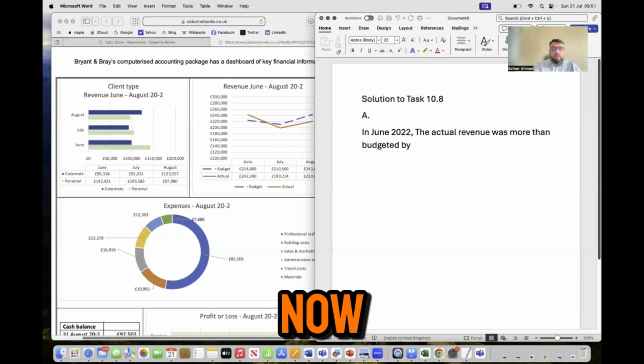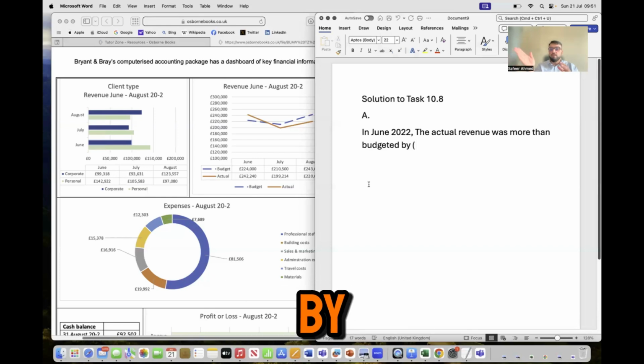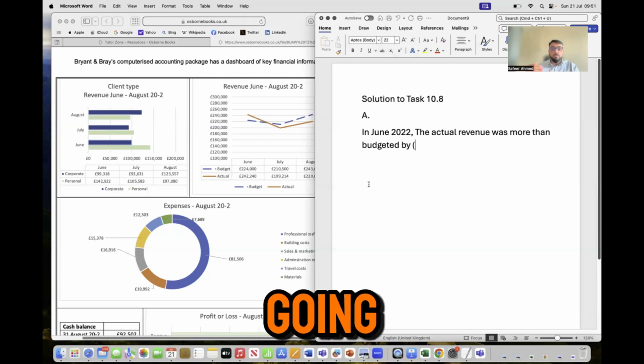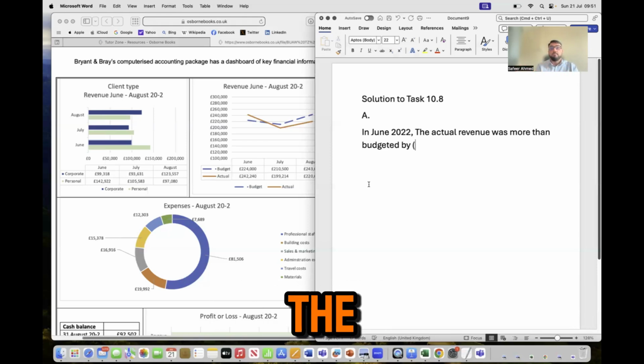Now you can calculate the percentage here. The budgeted revenue was 224,000 and the actual was 242,240. Remember, the difference between those two, divided by the original budget, times 100, will give you the percentage. Obviously, as part of your answer, you are not going to write how you calculated it, but all you're going to write is the percentage.